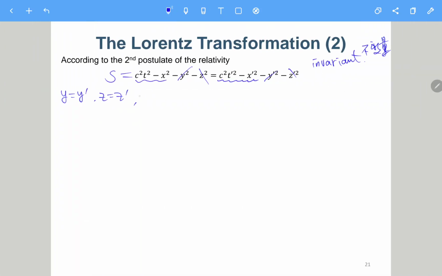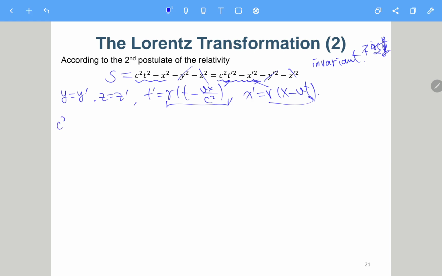Okay, so now we can plug in these 2 equations here. We have t prime equals gamma times t minus vx over c squared, and also x prime equals gamma times x minus vt. Let's just plug this one into here and this one into here.